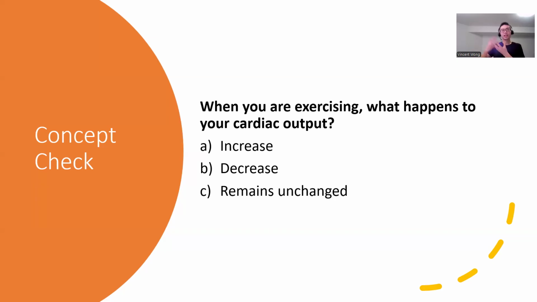When you're exercising, your heart rate goes up. Since cardiac output is heart rate multiplied by stroke volume, if heart rate goes up, then your cardiac output will also go up. The answer is A.